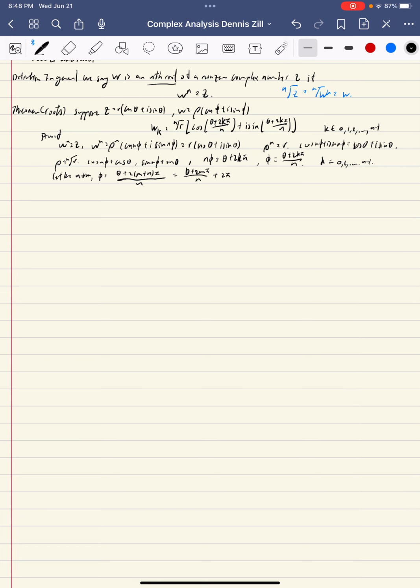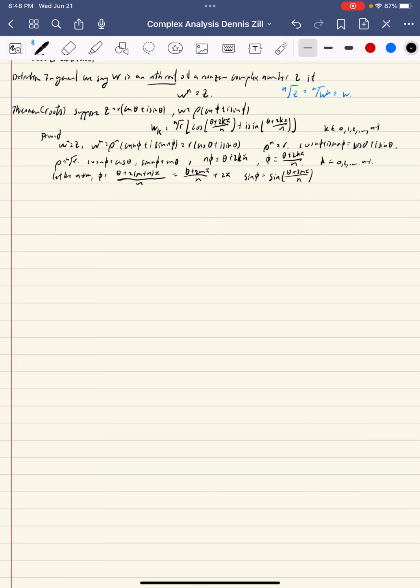Well, that is sine of theta, right? If you substitute theta, we just solve for theta over here, right? Now we have sine of (theta plus 2m pi)/n, right?